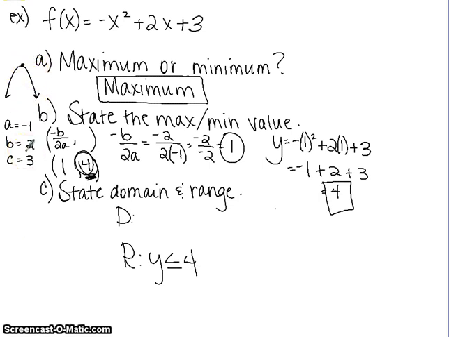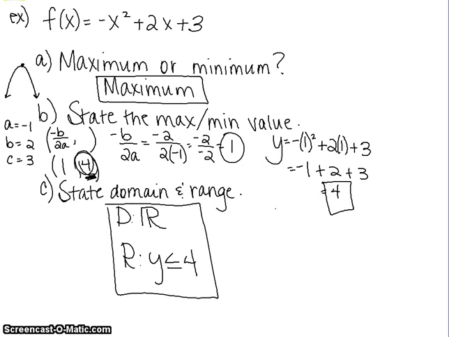Now, think about the domain. What x's does this cover? At this point, you need to visualize me expanding my arms to show you that a parabola is going to keep getting wider and wider and wider, and it's going to cover all real numbers. So our domain is all real numbers.